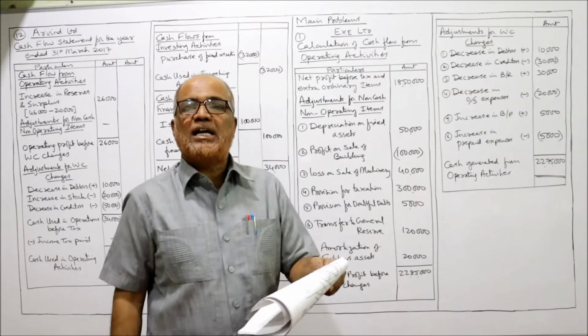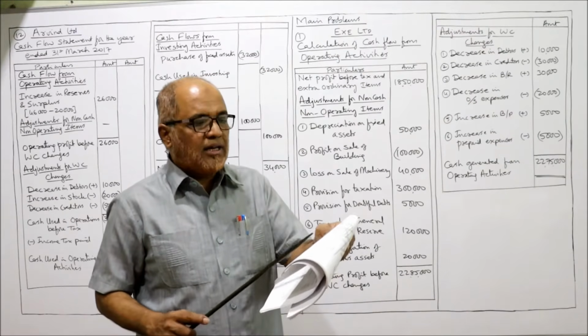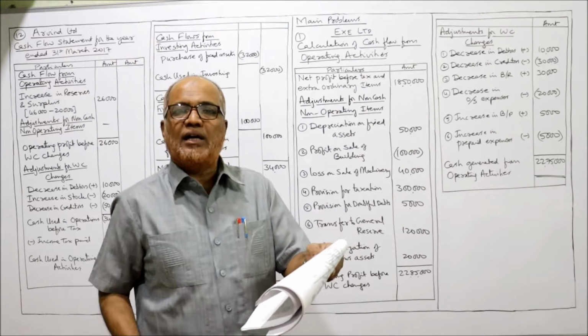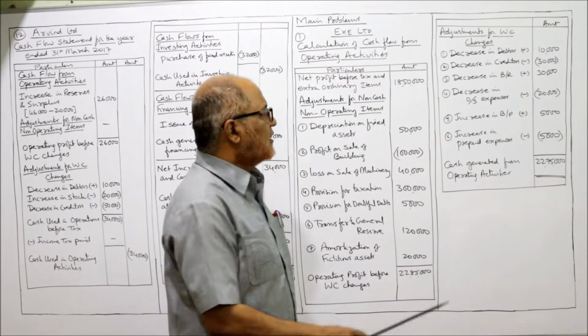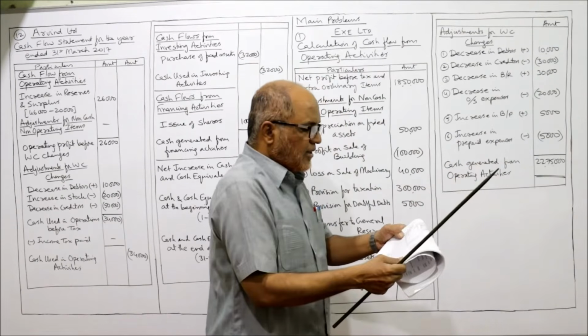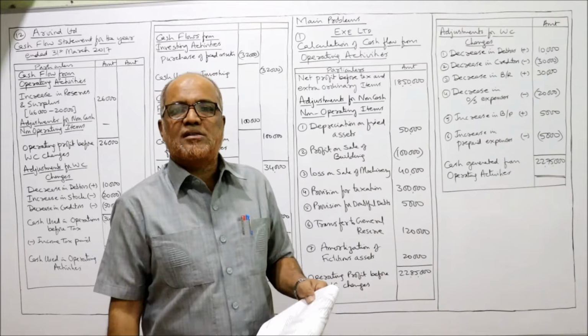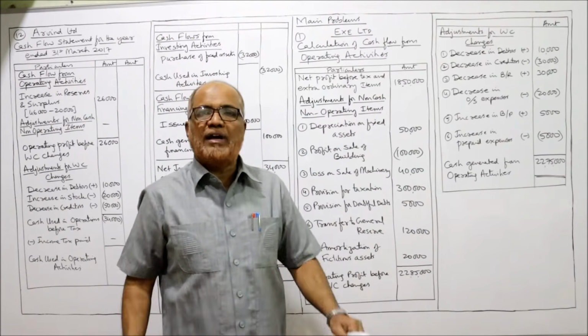Next, outstanding expenses. Outstanding expense is a current liability. Last year 40, current year 20. Decrease in outstanding expense, deduct, minus. Then prepaid expenses is a current asset. Last year 20, current year 25.